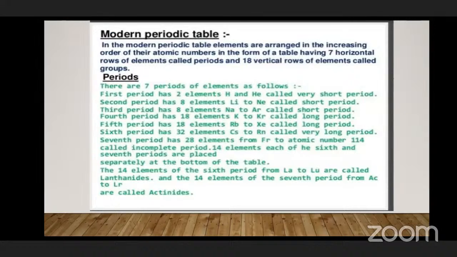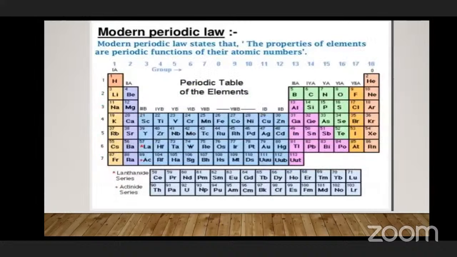Coming to the fourth period, it has 18 elements. From where to where? Potassium to krypton, called the long period. First long period itself. Why? Potassium 19, calcium 20. The middle elements, scandium to zinc, these 10 elements which are the D block, are also counted for the fourth period.